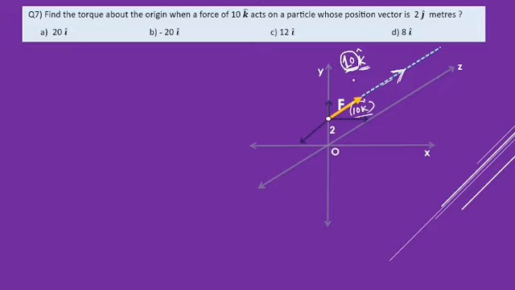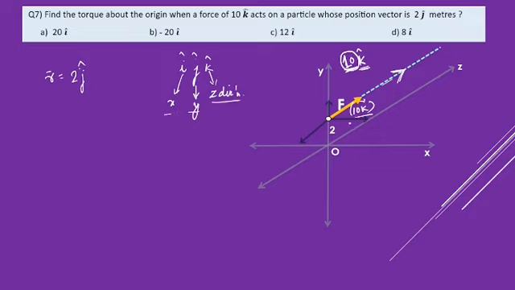Now, what is the position vector? The position vector r is 2j. What does this mean? It tells us where the body is. When we say i, j, k, we normally take i as a vector along the x direction, j as a vector along the y direction, and k as a vector along the z axis direction.